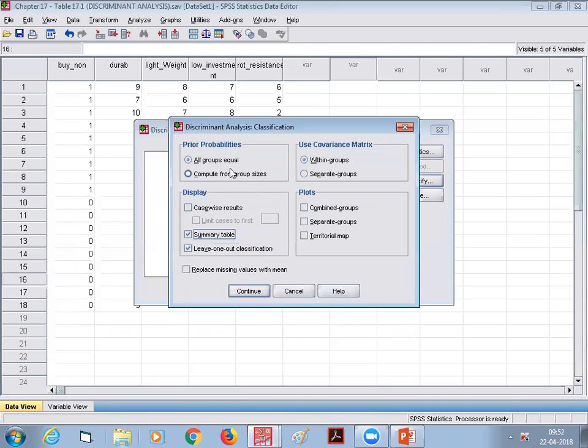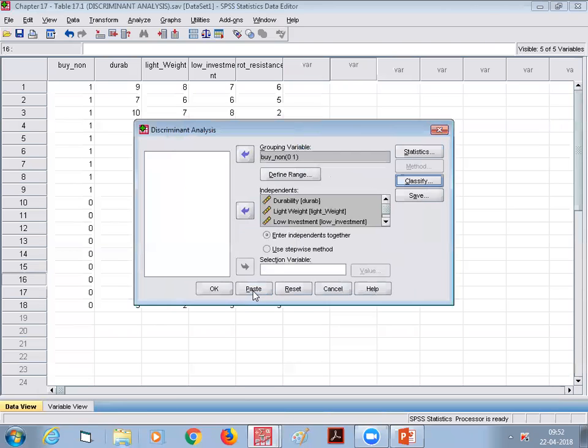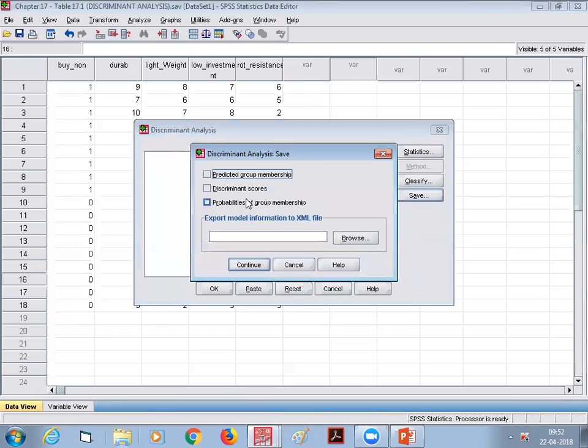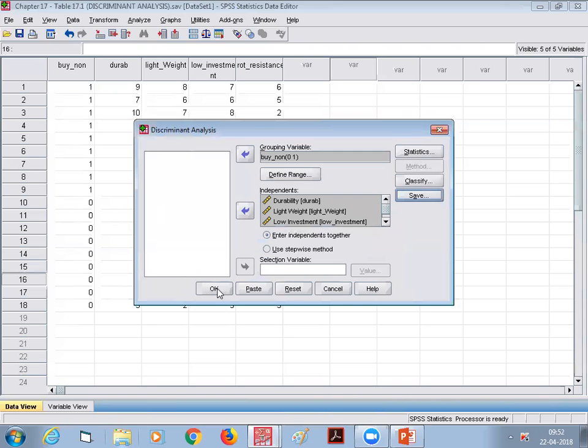I think other things are not required. So continue. There is no missing value. Save. I want the predicted group membership, the discriminant scores also, and the probabilities also. Okay, then continue. Now you press OK.